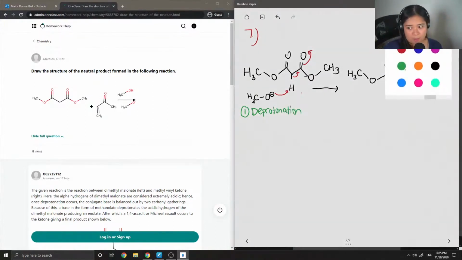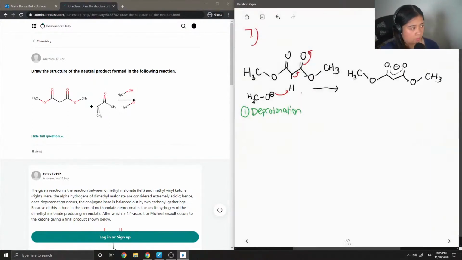And now what happens in step 2, let me draw the second reactant up here. Move it over a bit.